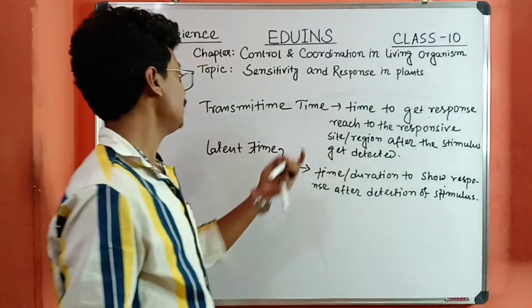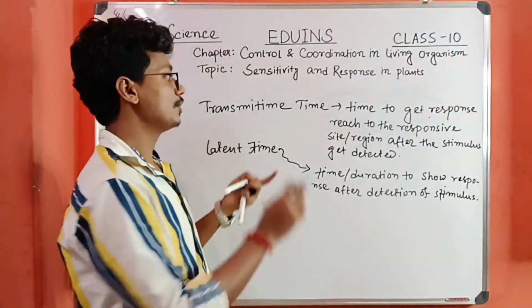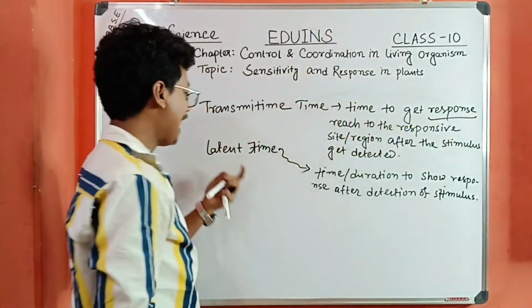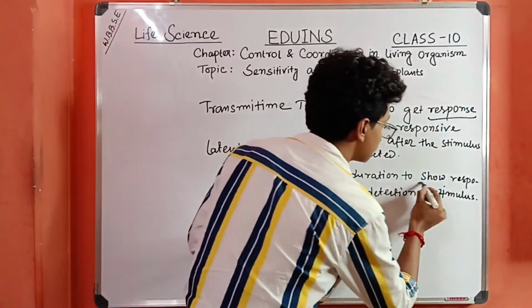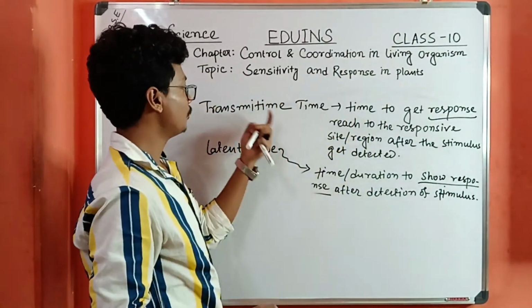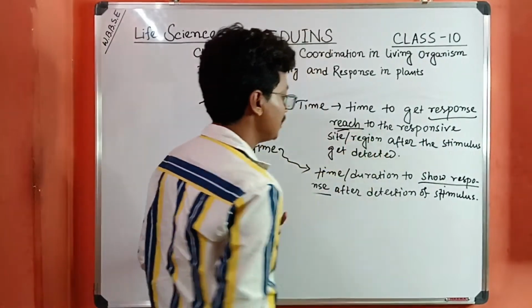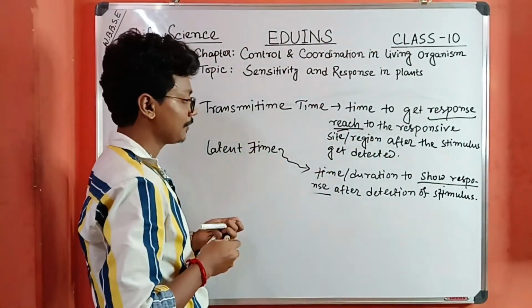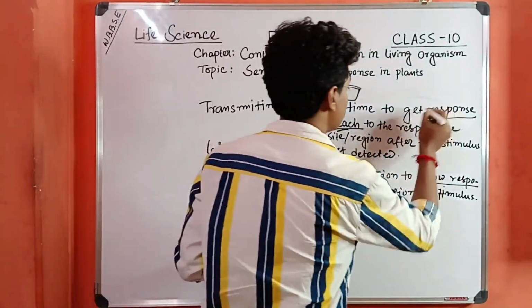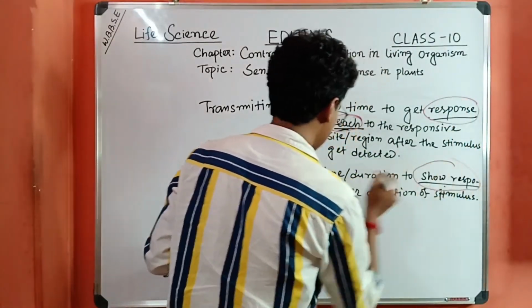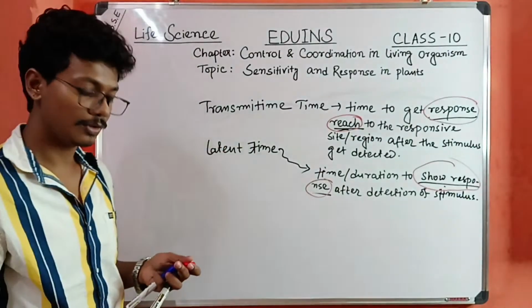What is the difference then? Transmission time is the time for the response to reach, and latent time is the time to show the response. One is reaching the response and another one is showing the response.